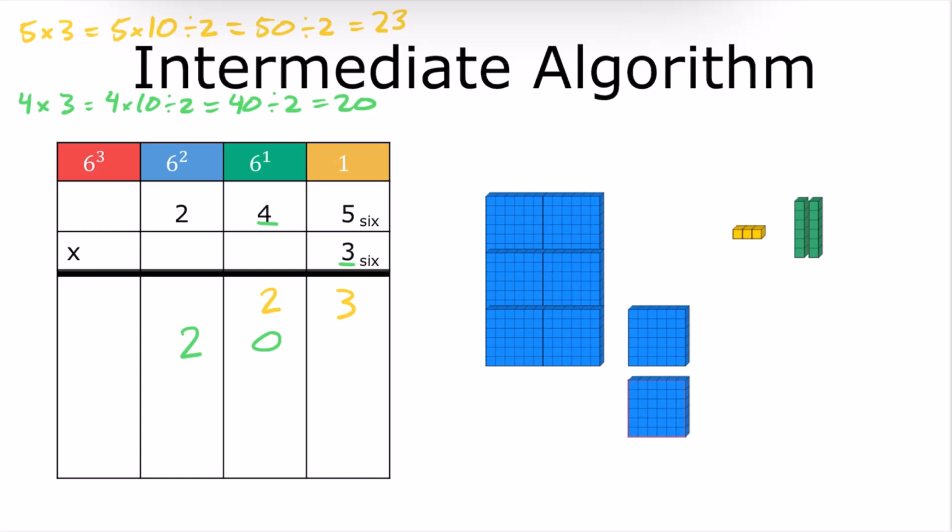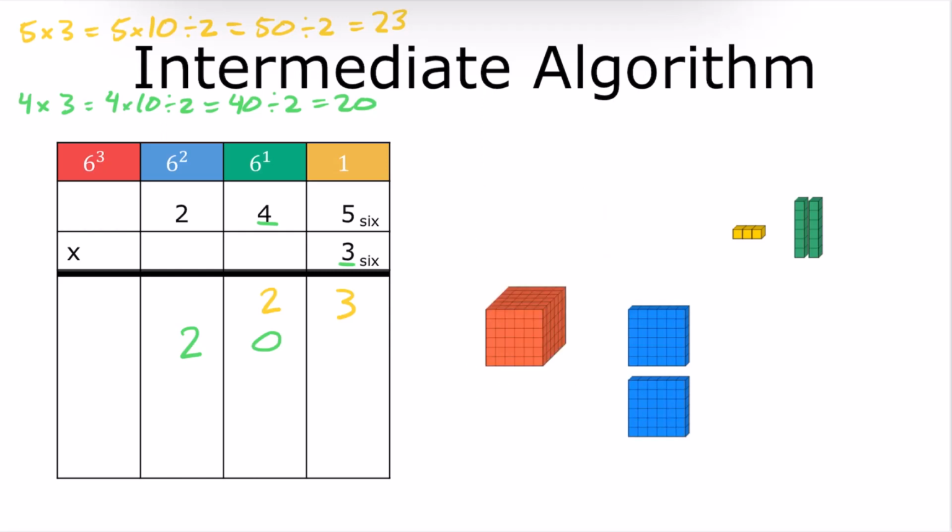Then for my next place value, if I have 2 of my plates times 3, well, that 2 times 3 is just 6, which means that all of these can be regrouped together into a block. And so I will have 10 of the plates. And then to finish off the algorithm, I would just add it all up and I'd say, well, I have 3 units, 2 rods, 2 plates, and 1 of my big blocks.